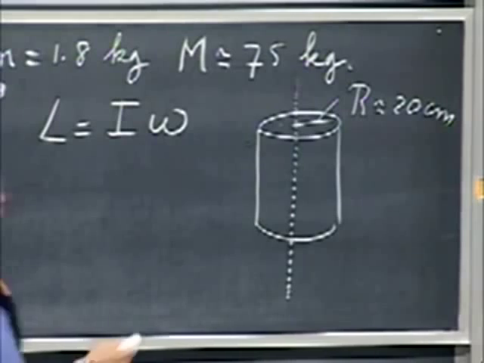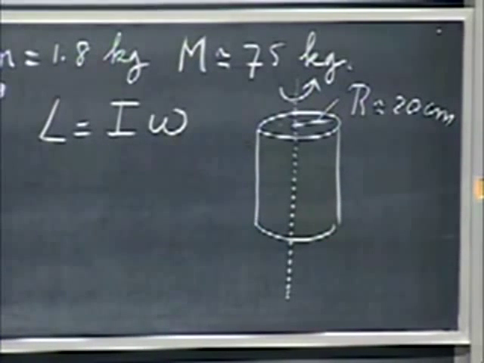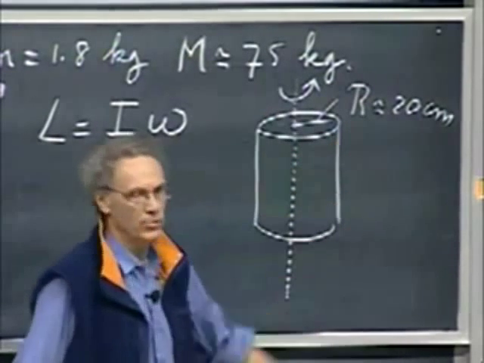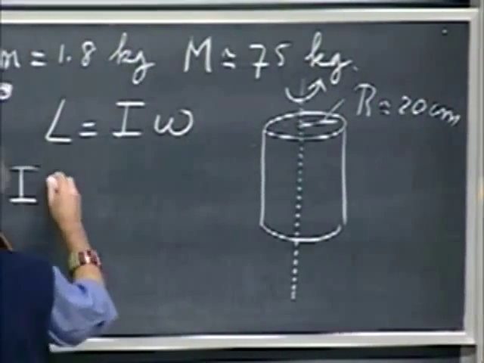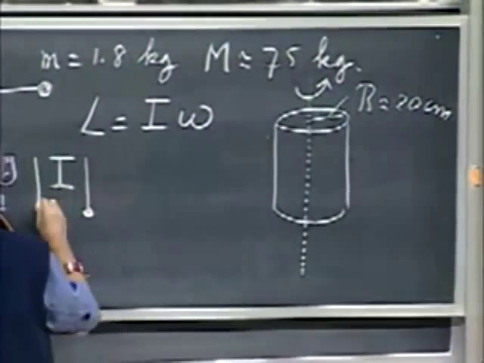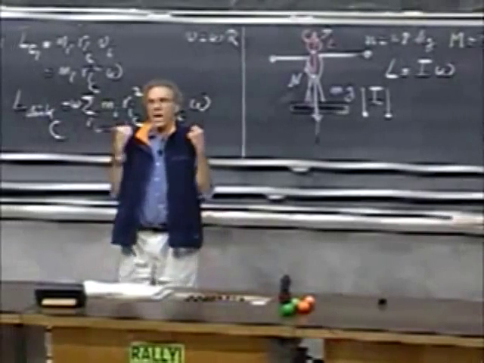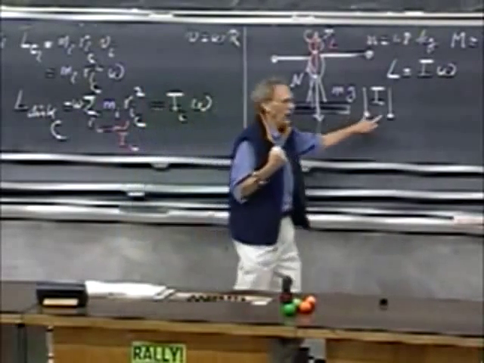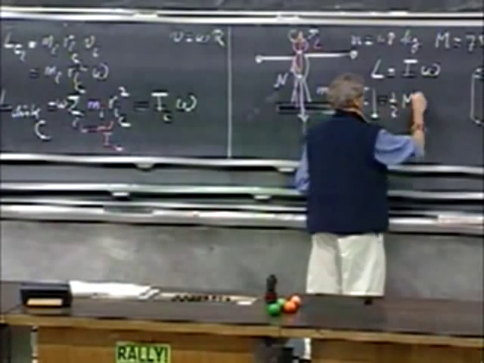And I'm going to rotate this cylinder around this axis, and I can calculate now what the moment of inertia is. This cylinder has a mass of 75 kilograms, has a radius of 20 centimeters, and so the moment of inertia, in the situation that, for instance, I have these two objects next to my body here, equals simple 1/2 mr squared.